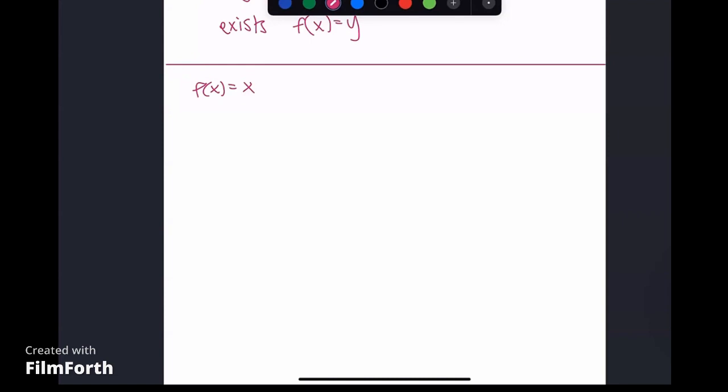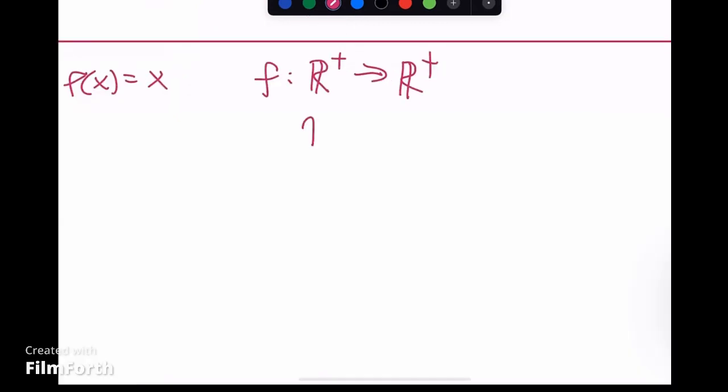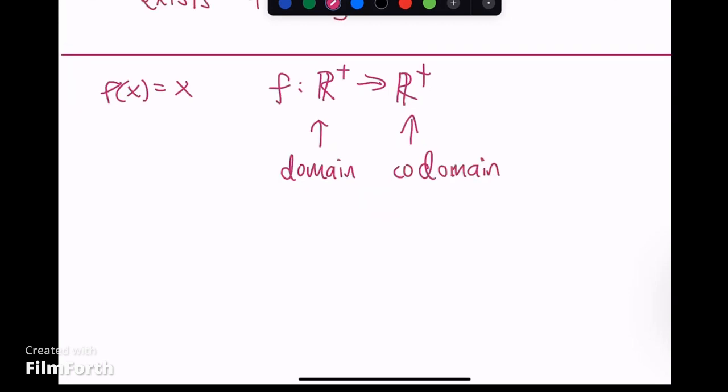Domain and codomain, and it's usually going to be written like something like this. This part represents the domain, and this part represents the codomain. It just tells us what values we can have for the input and what values we will get for our output.